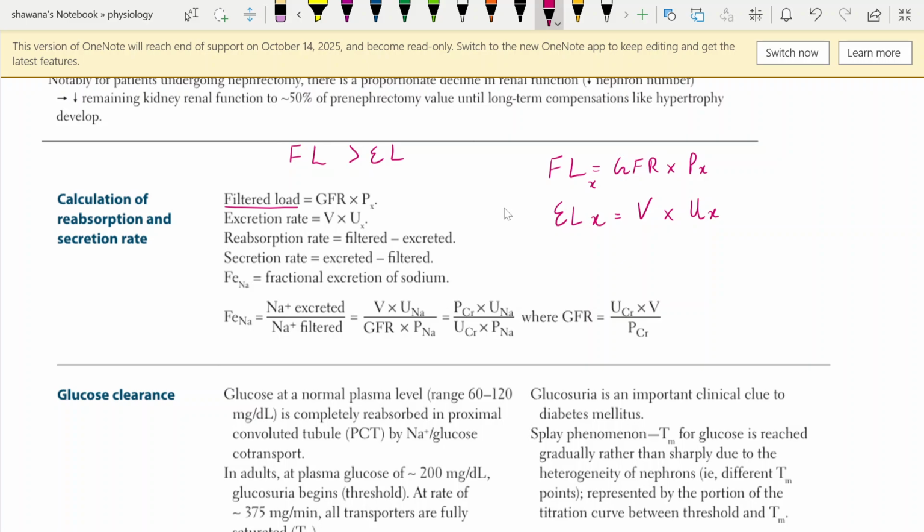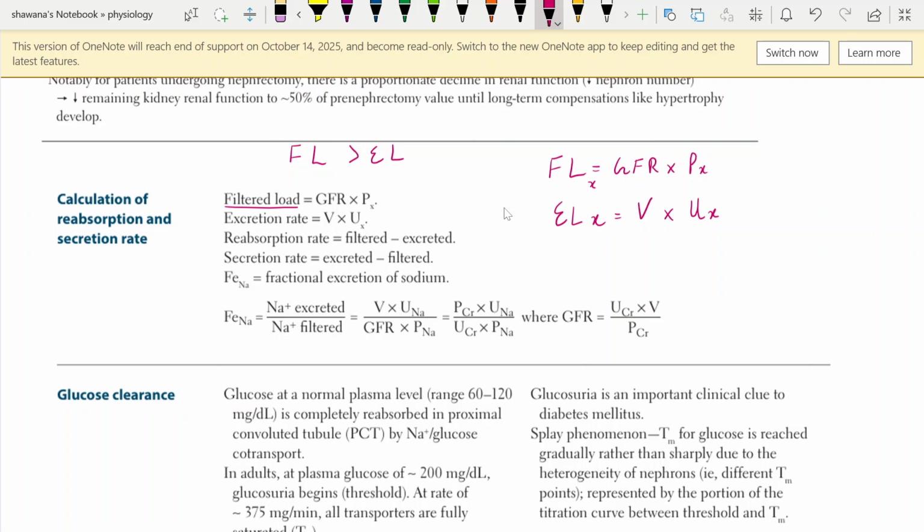So reabsorption has occurred. What if the filtered load is less than the excretory load? It means that something is added into the filtrate, something is added into the luminal fluid. So secretion. And if the filtered load is equal to the excretory load, it means that no tubular modification has occurred. There is neither secretion nor reabsorption.